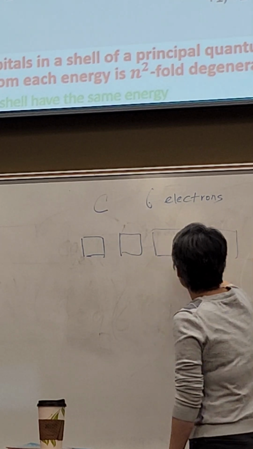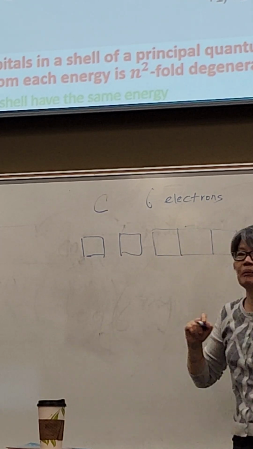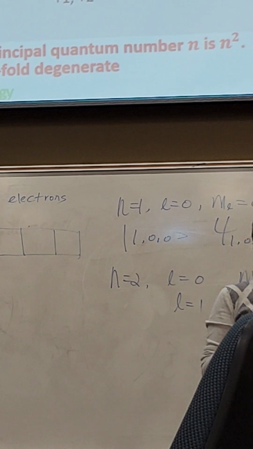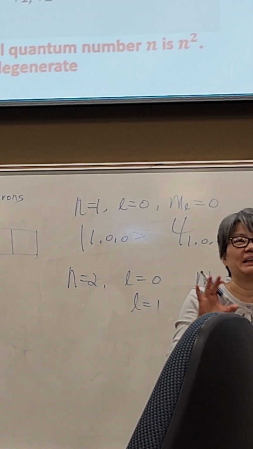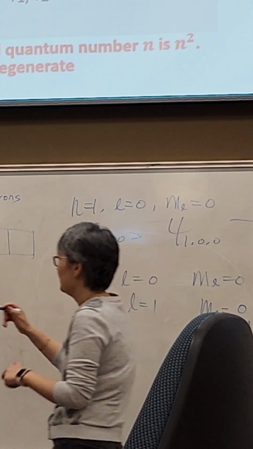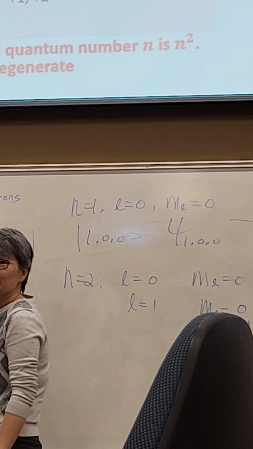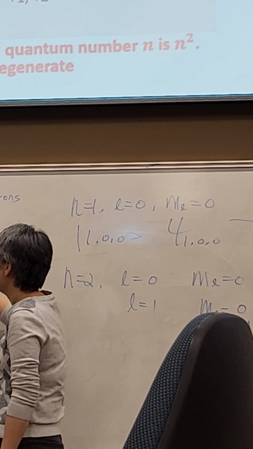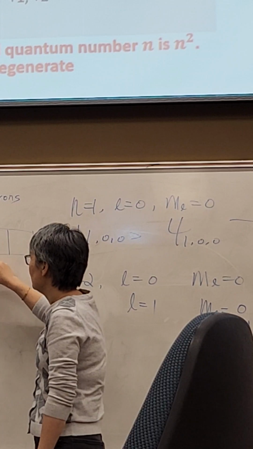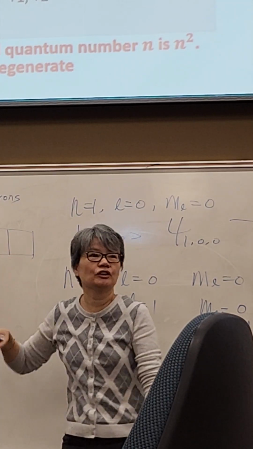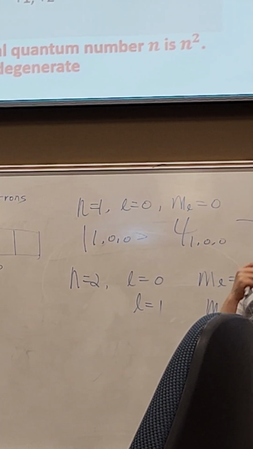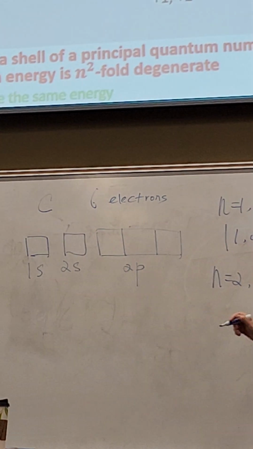At least that's one way of doing it. So what do you have here? 1s, right? And with 2s here, what do you have here? 2p. So why do we have sections of 3 in the 2p? It holds up to 6.